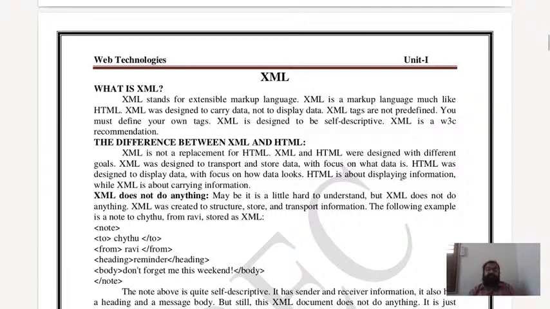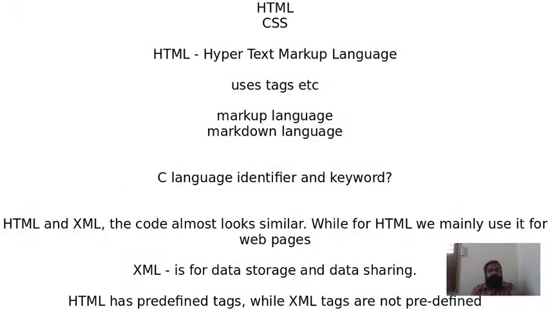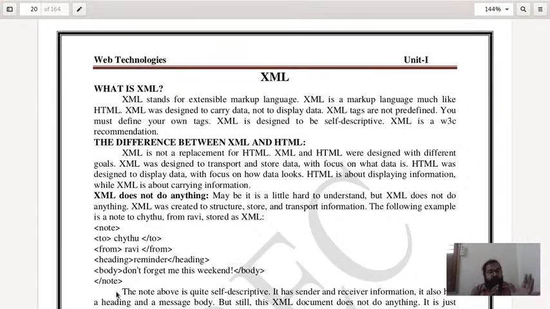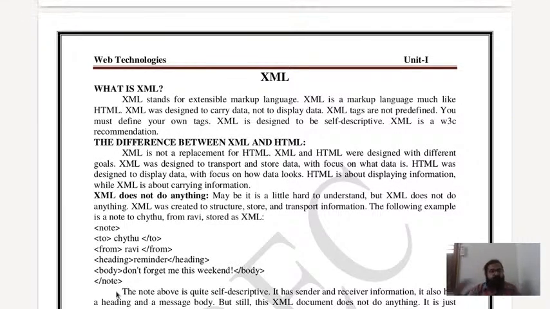So HTML is about displaying information, while XML is about carrying information. That is what we mean by XML being for data storage and data sharing, and not for displaying the content. Both are made for two different things.